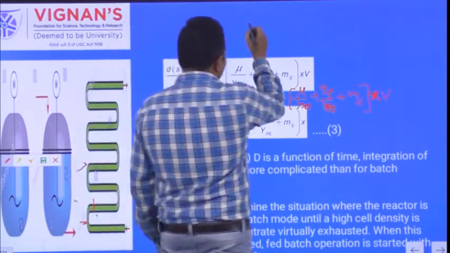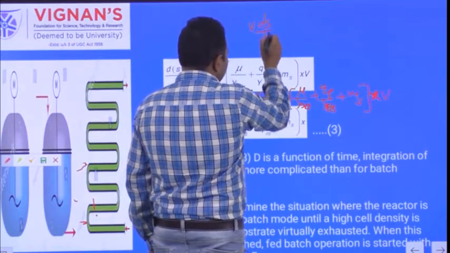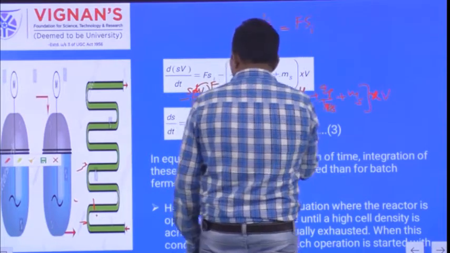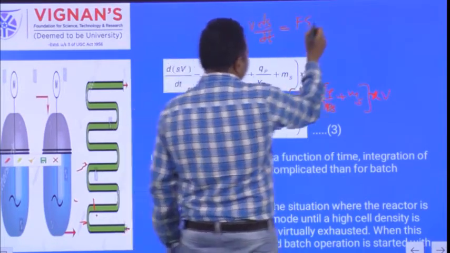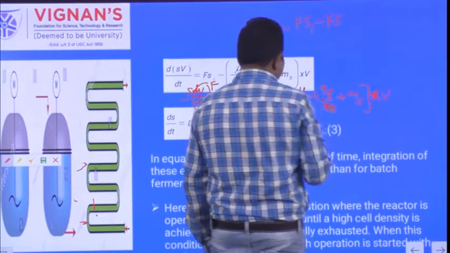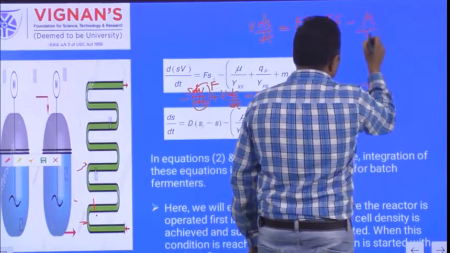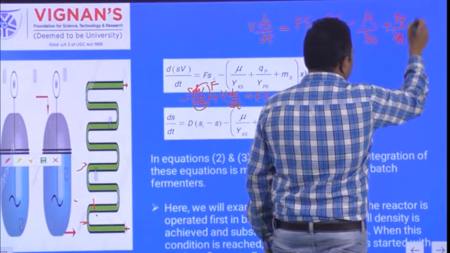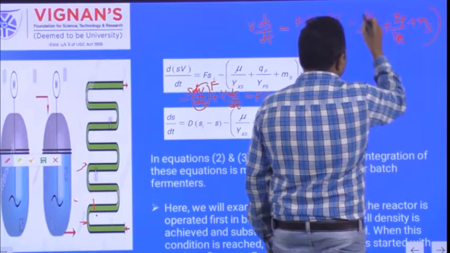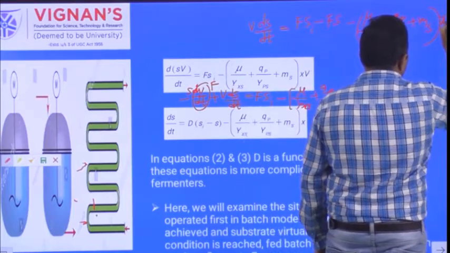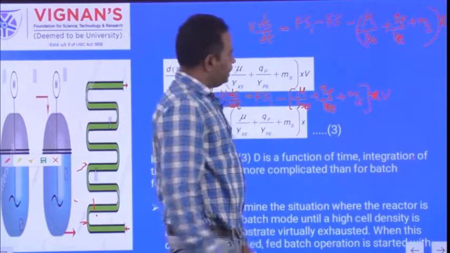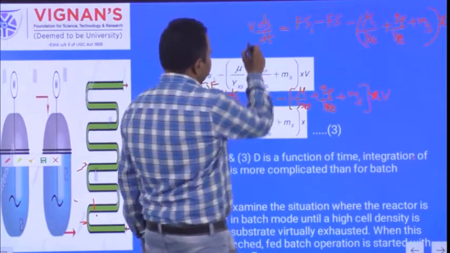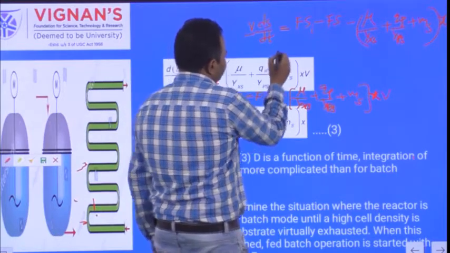Then this equation becomes V into dS by dt equal to F Si, and take the second term, left hand side term is F S, minus F S minus mu by Yx/s plus qp by Yp/s plus ms, into X into V. Now I divide the entire equation by V, that is, bring left hand side V to the right hand side and solve for dS by dt.